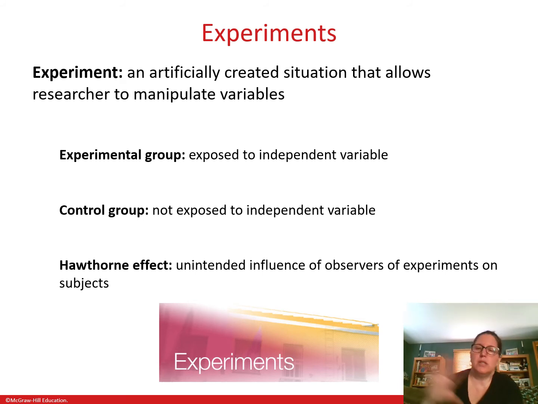Now, sociologists, this is more scientific research, pure, the natural sciences. We tend not to use this as frequently as those in the natural sciences, relying on experimental control groups due to the fact that we study humans.